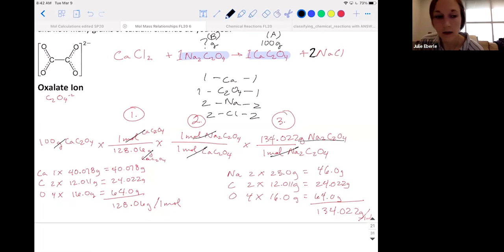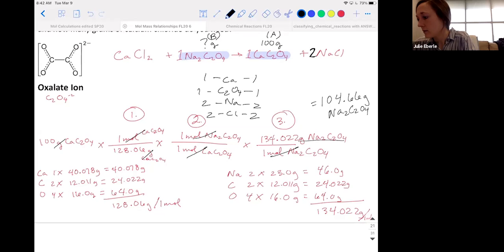What's our answer going to be? Brooklyn, is that the 104.66 final answer, the grams of sodium oxalate? Okay, so Brooklyn got 104.66 grams of Na2C2O4.